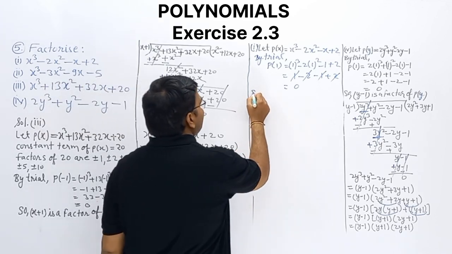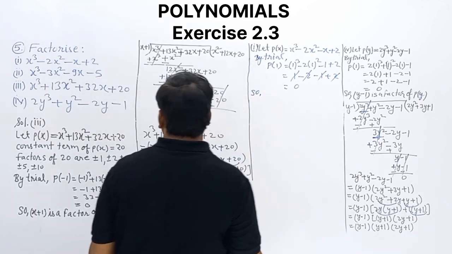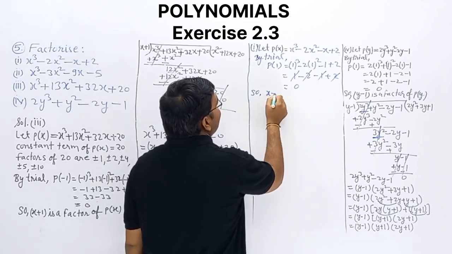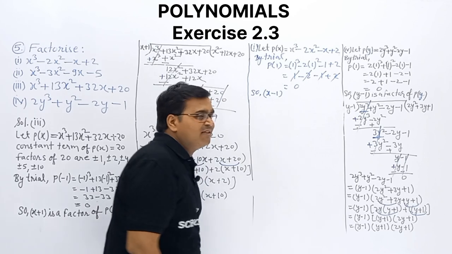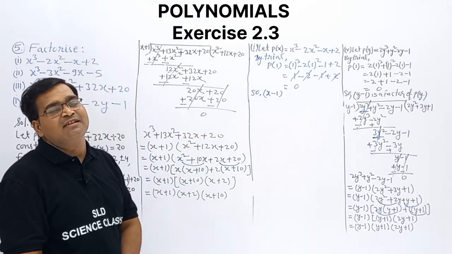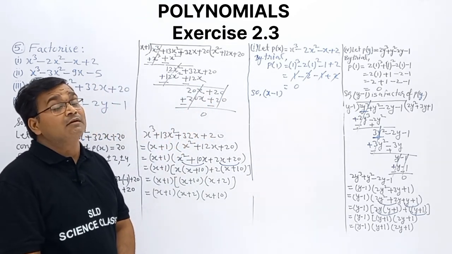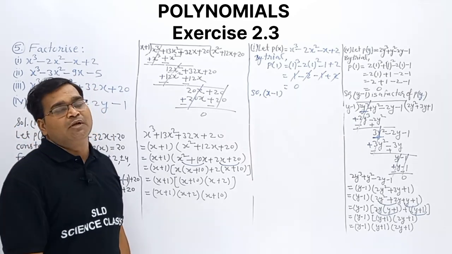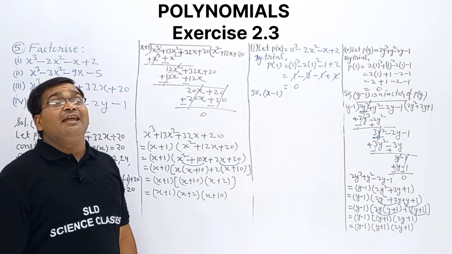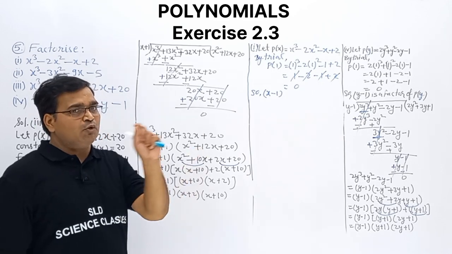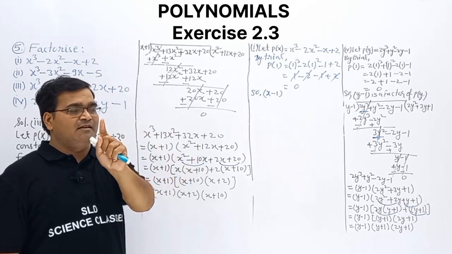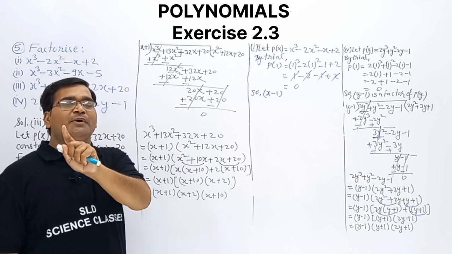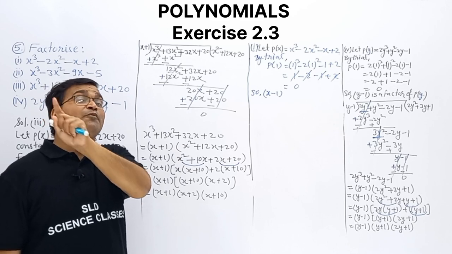So what we can say? X minus 1, x minus a. X minus a is the, what is the factor theorem? X minus a is the factor of P of x when P of a equal to 0.